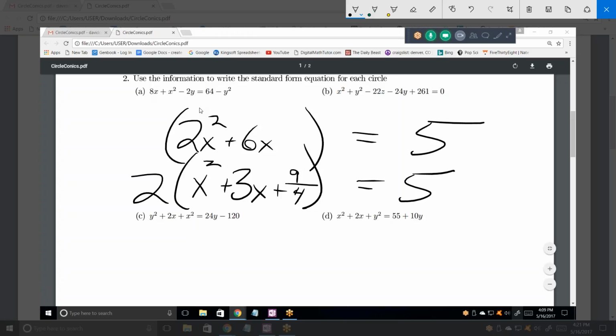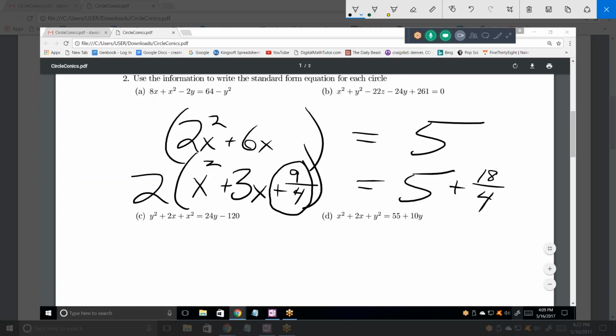Now, how do I balance that on the other side? Does the 2 stay out of the parentheses, or do you put it back in? Well, when I wrote 9/4 in there like that, it's assuming that the 2 is out of it. I didn't add 9/4 to the left side of the equation. I added 2 times 9/4. So I have to add 2 times 9/4 over here.